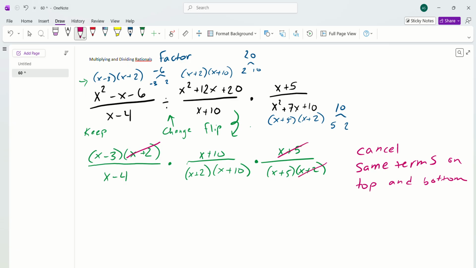If I see x plus 5 up here and x plus 5 down here, I can cancel. I can also cancel these x plus 10s, and I'm going to end up with x minus 3 over x minus 4 and x plus 2, and this is your answer.